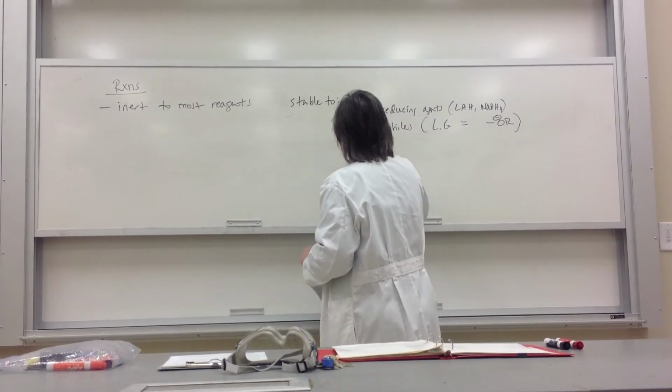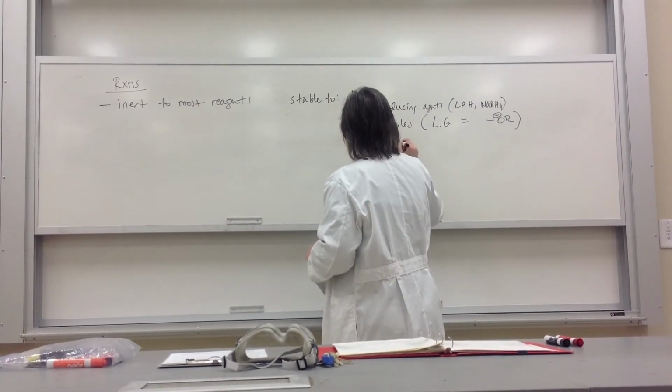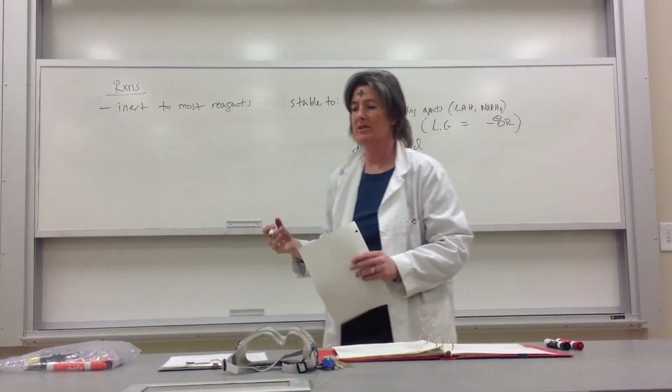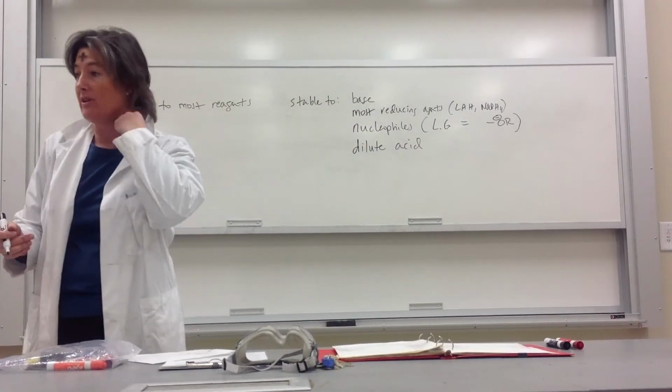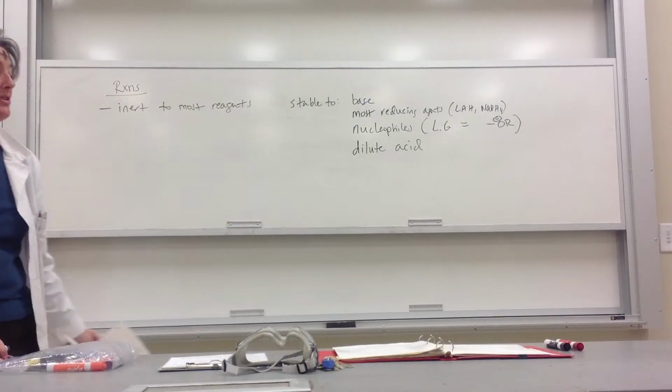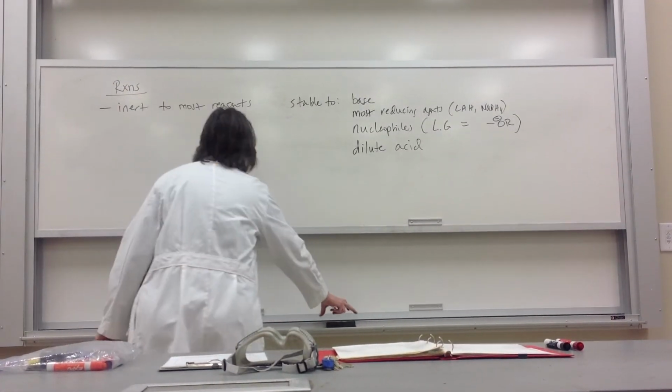Dilute acid. Those bond things are stable too. That's a lot of stuff. There really only are two things that ethers would react with.